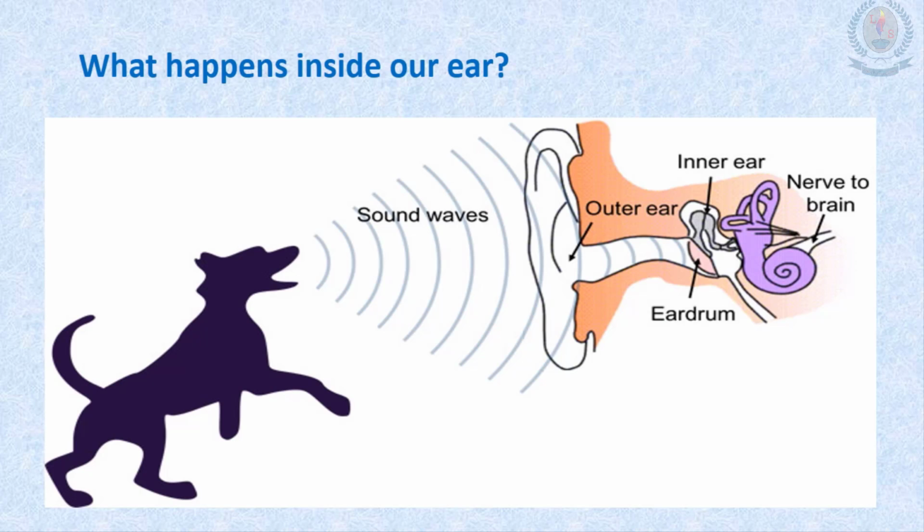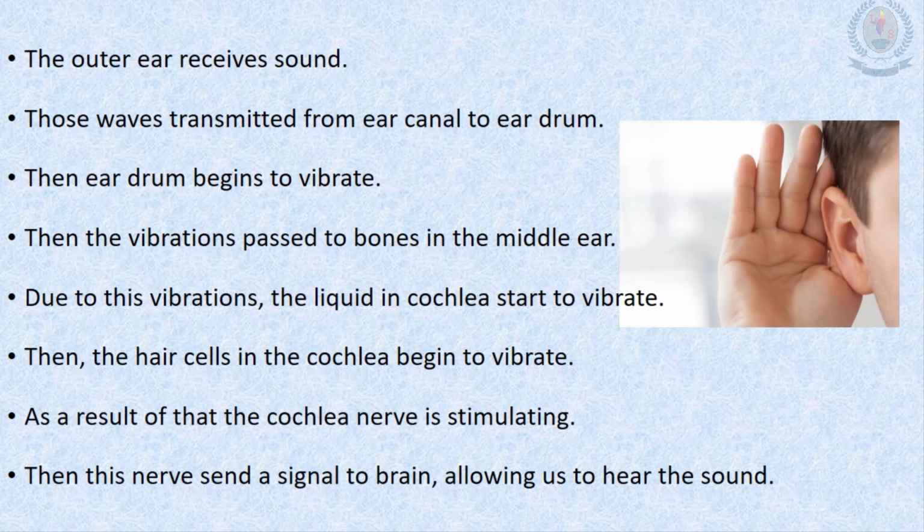So, what happens inside our ear? Every day, we hear millions of sounds. We learned that we hear sound because of sound waves, so let's look at what happens inside our ear. The outer ear receives the sound.